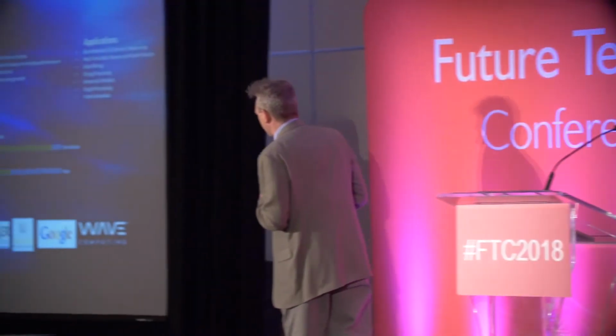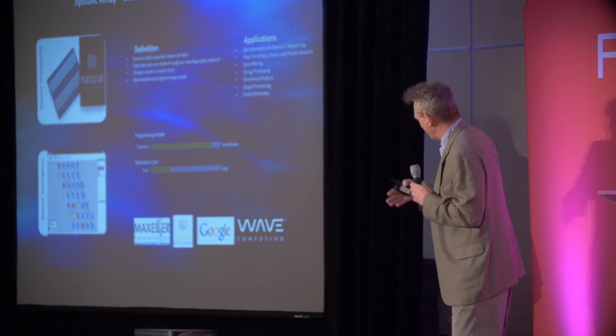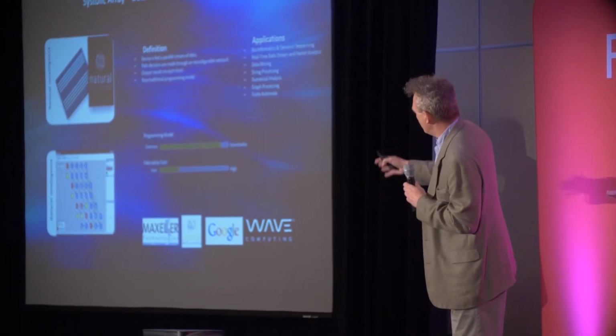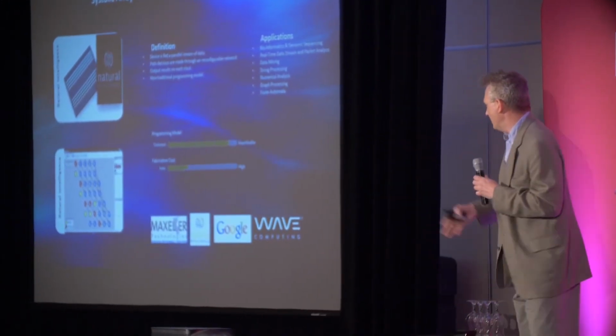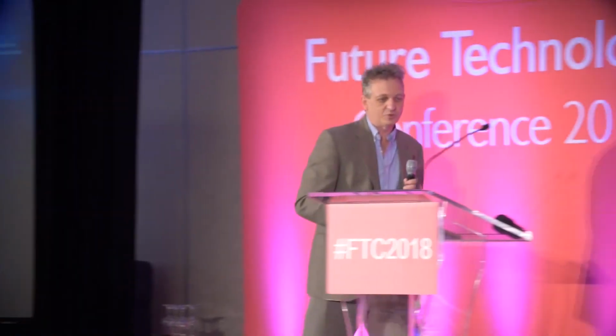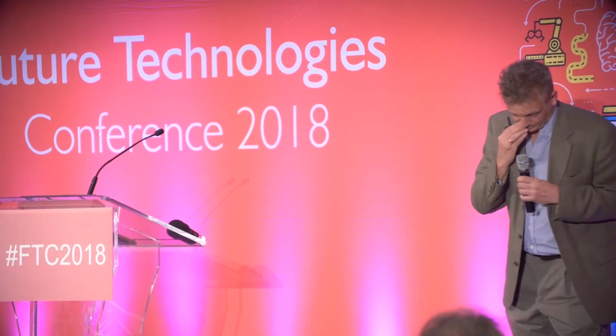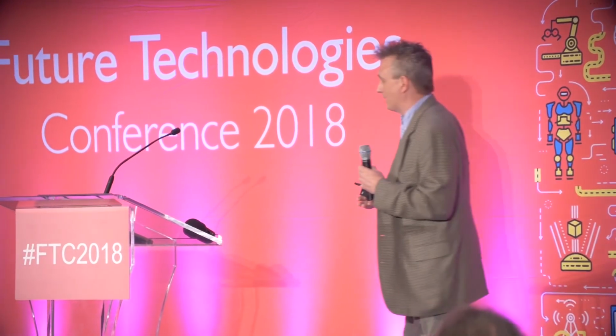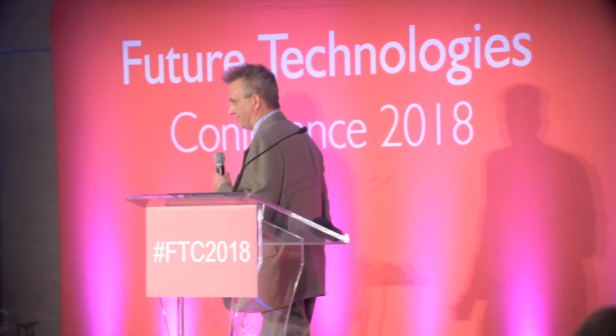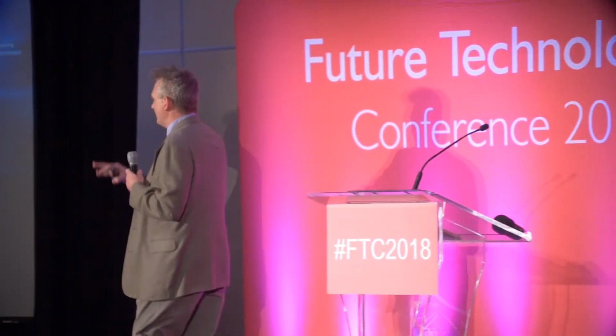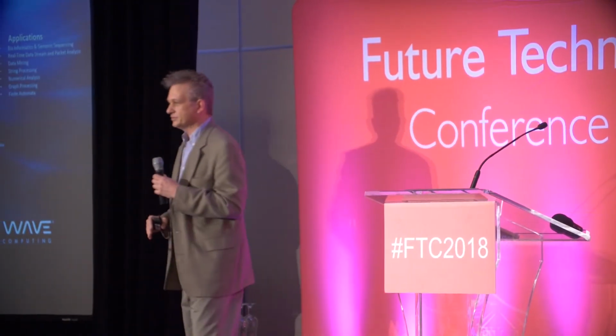So there are companies that have products and that are working on this. For example, Wave Computing, Maxeler in the UK, and Natural Intelligence Semi, which was a spin-off of Micron in Boise, Idaho. The programming model here is what you see in the bottom left. So this does not look like software, it looks like code, it looks like states.